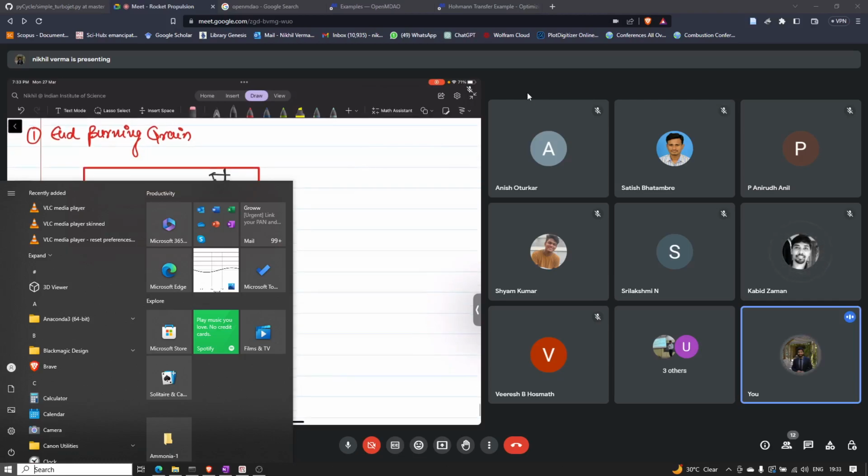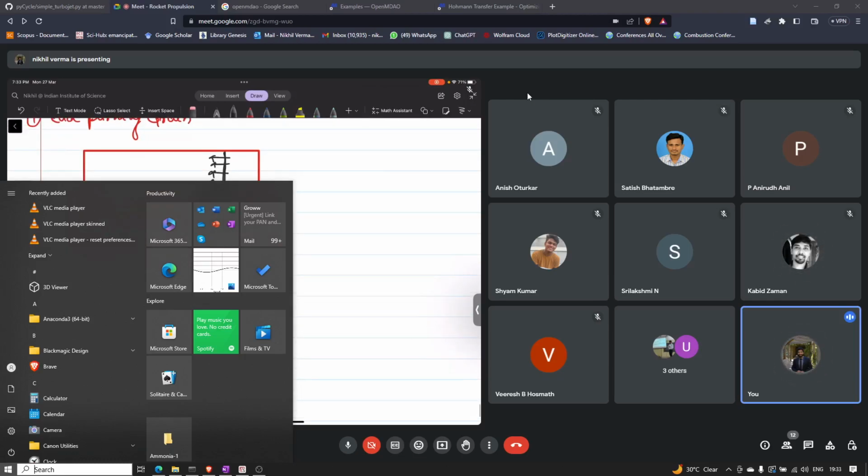Next is your tubular grain, also known as radially burning grain.